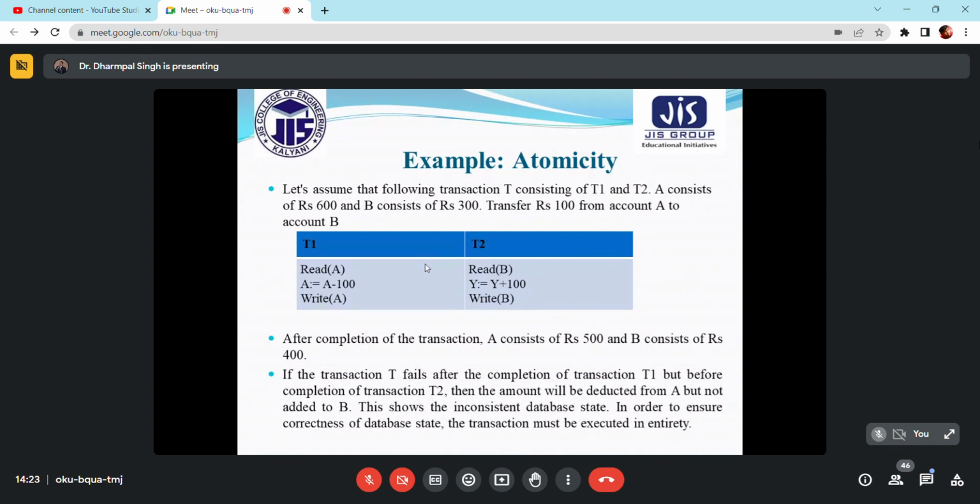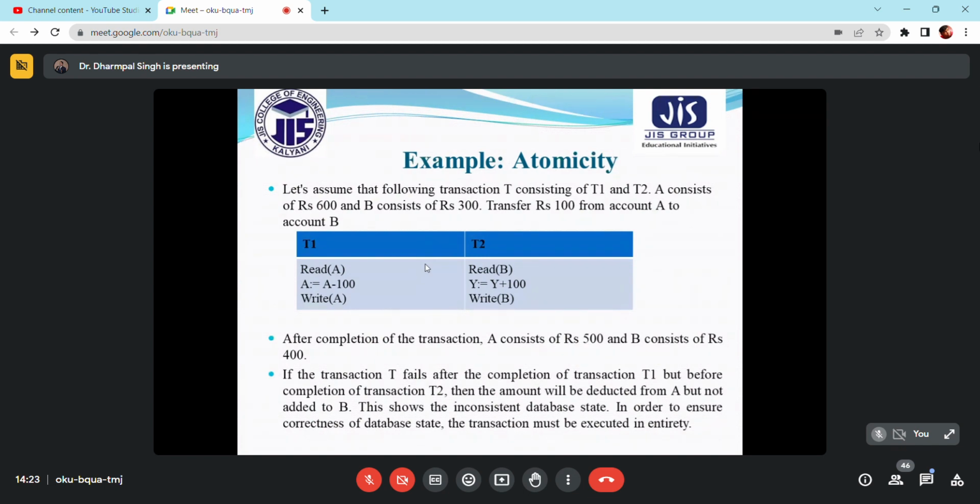Suppose I want to transfer rupees 100 from account A to B. After the transaction, the value of A will be 500 and B will be 400. So after the completion of the transaction, A has rupees 500 and B has 400.